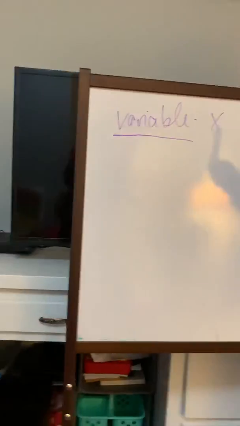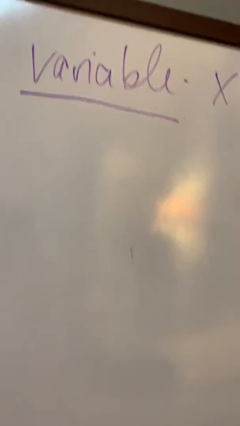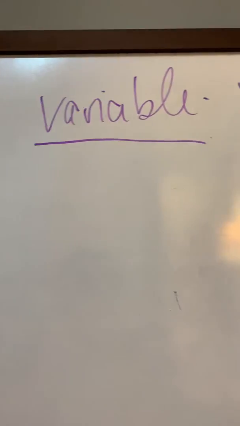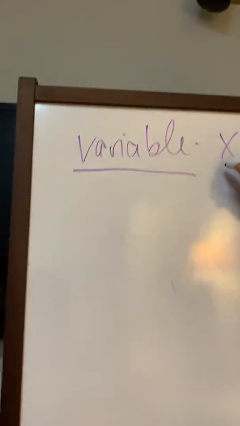V-A-R-I-A-B-L-E. And a lot of times in algebra, which is a fancy way of solving math problems, we represent it with the letter X. But how many letters did you say are in the English alphabet? 26. Yes, so you actually can use any letter to represent something.